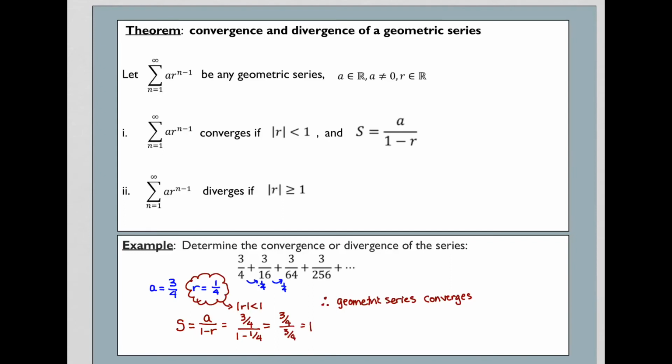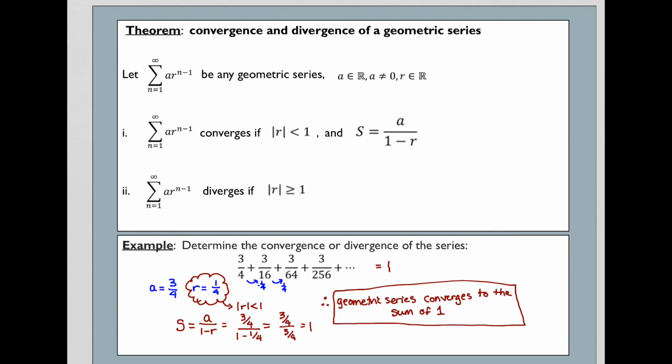And it converges to the sum of 1. This geometric series converges, and it converges to the sum of 1. That means that if I was to add 3/4 plus 3/16 plus 3 over 64 plus 3 over 256 forever and ever and ever, it would converge to the number 1.